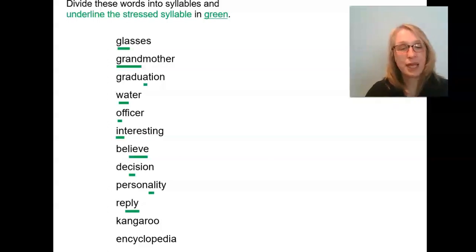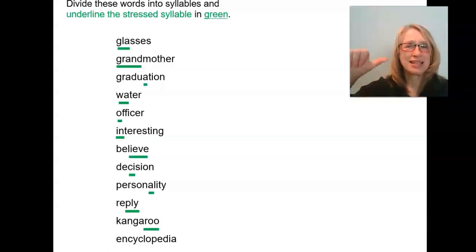Reply. And you remember that? It's one of our weird words that the stress is on the third syllable. So this is kangaroo. And how about this last one? 6 syllables. And where's the stress?